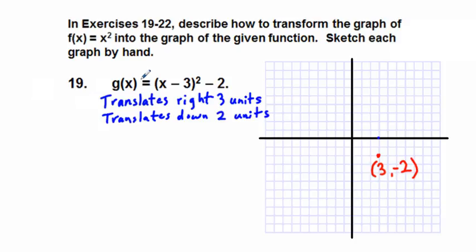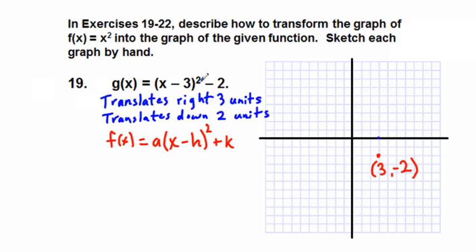And remember the standard form of a quadratic function, which is a times (x minus h) squared plus k.